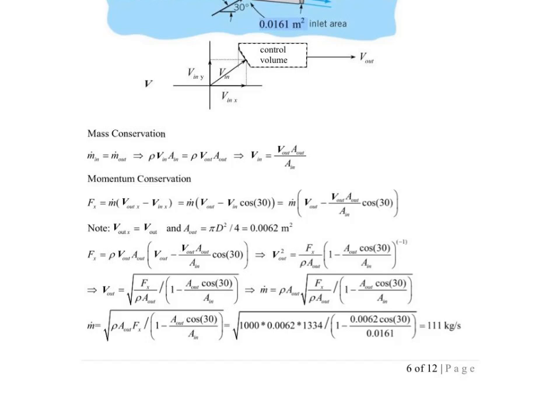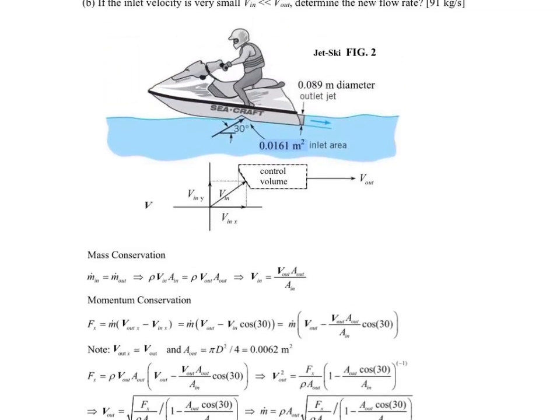So what we have next is the outlet and the inlet resolved along the x direction, and this results in our expression here. Now, we know the area; we can calculate the area at the outlet because we are given the diameter of the outlet jet.